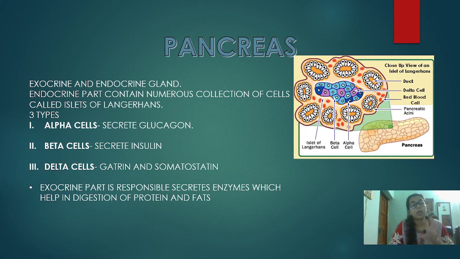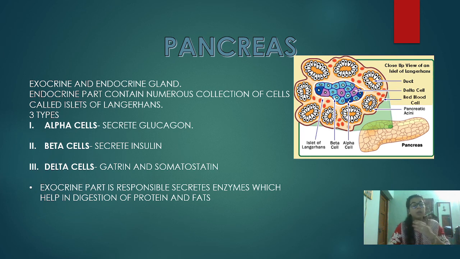The next major part of the islets of Langerhans is the beta cells. As you can see here in the diagram, the beta cells, which are light blue in color, are responsible for the secretion of a hormone, that is insulin, which maintains our blood glucose level.